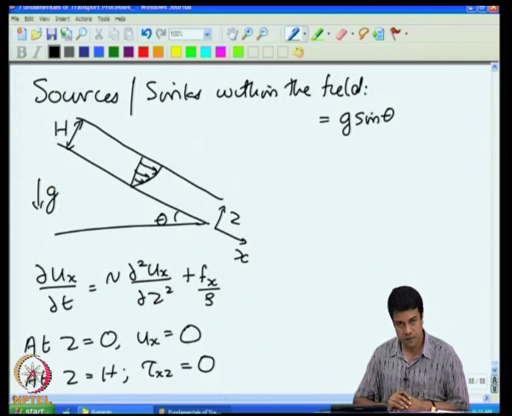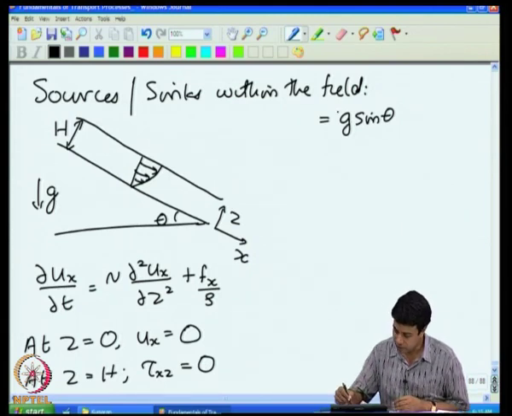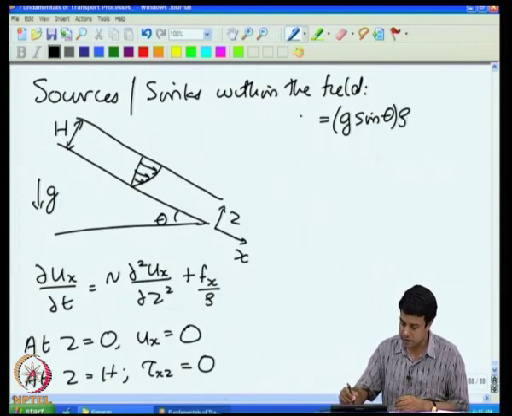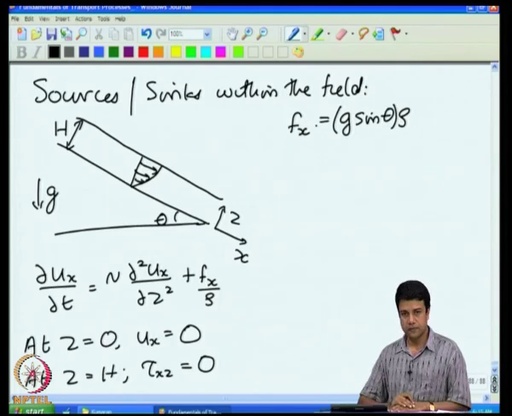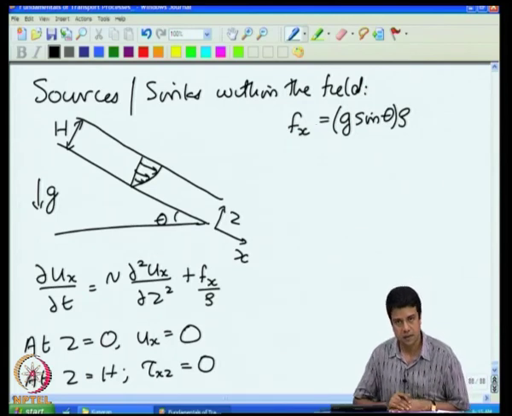Therefore, the force per unit volume acting on every volume of fluid has to be g times sine theta times the density. So, this is the force acting along the x direction on every differential volume of the fluid.